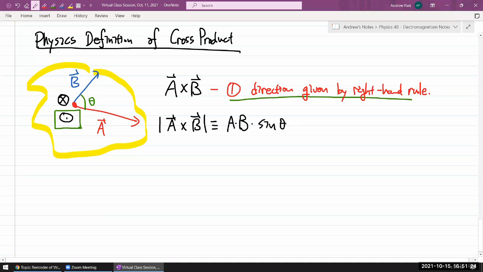And if I'm being strictly careful here, it should really be the absolute value of AB sine theta. So this is the second part of the definition of cross product, giving the magnitude.